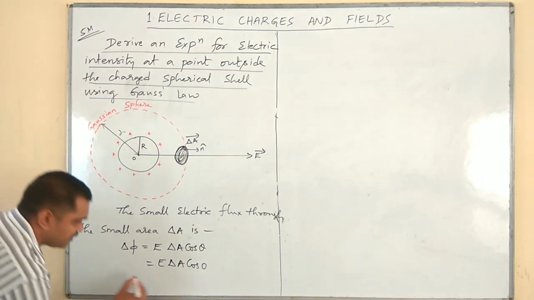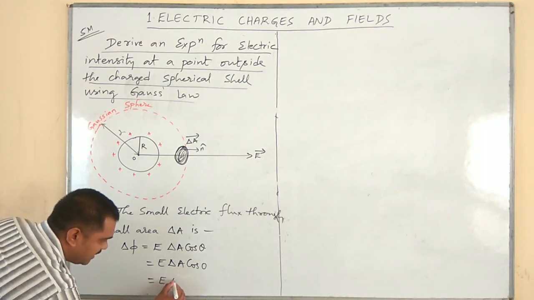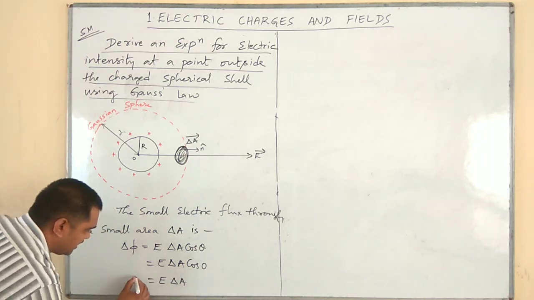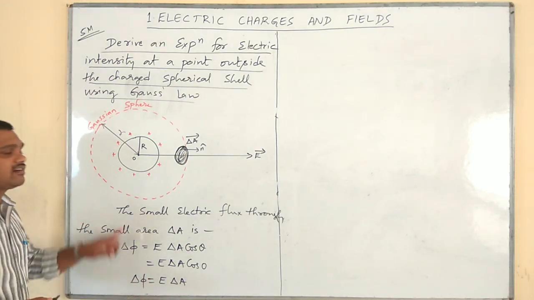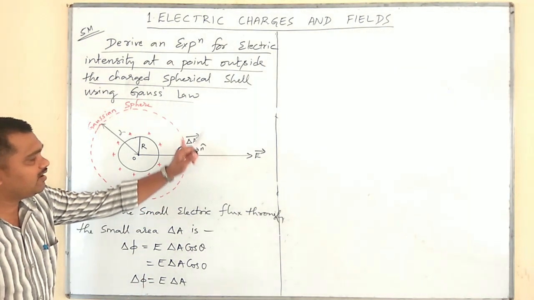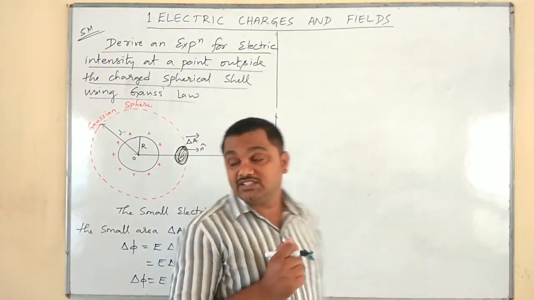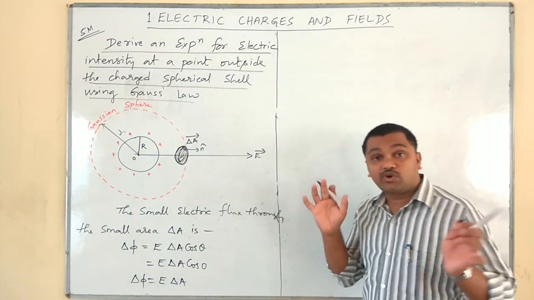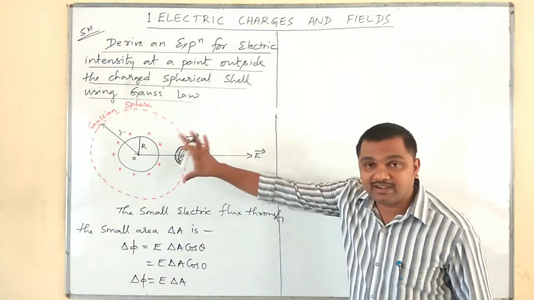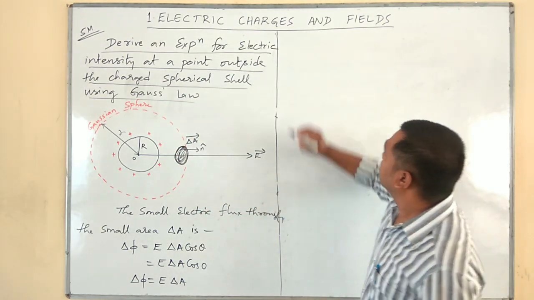The value of cos 0 is 1, therefore it is simply E into delta A. This is the small electric flux through this small area delta A.